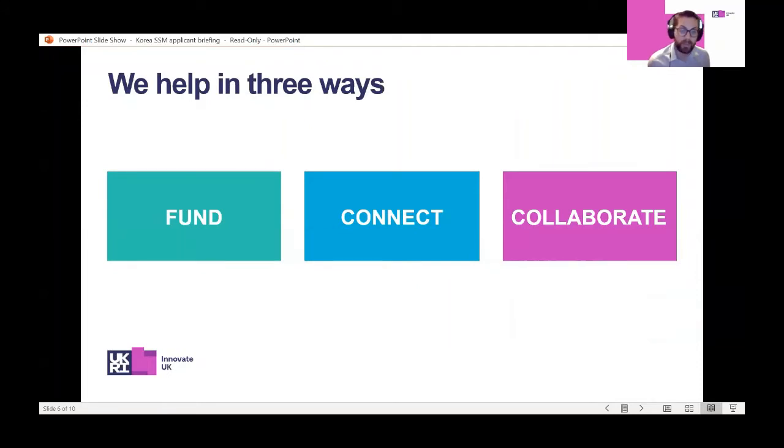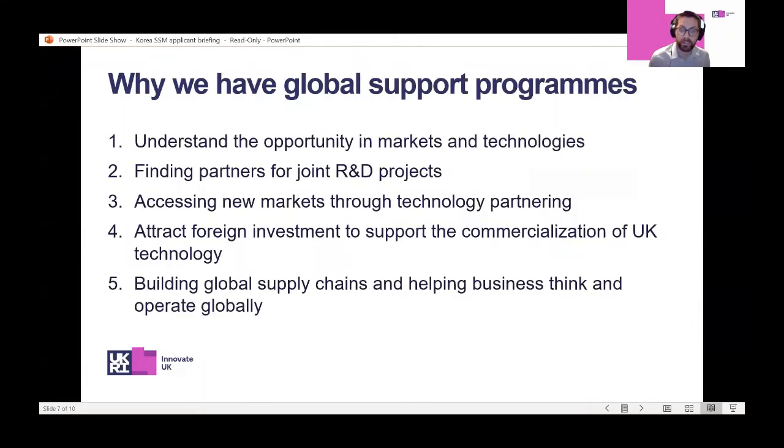We help in 3 ways. We help to fund, we help to connect, and we help to collaborate. And why do we have global support programs for innovative businesses? A number of reasons. It helps businesses to understand the opportunity in markets and technologies. So today we're talking about immersive technologies in South Korea through the Global Business Innovation Programme.